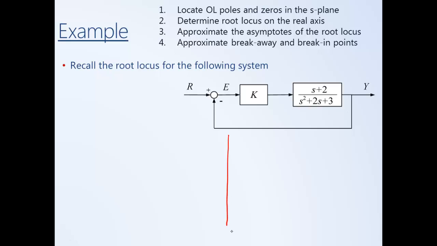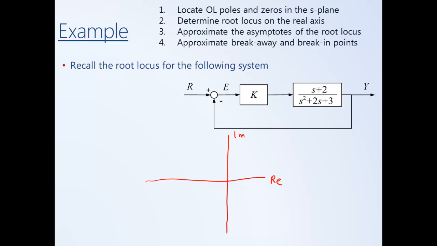We want to draw the root locus, which is a graph of all the possible closed loop pole locations for values of k varied between 0 and infinity. And so the very first step is to locate the open loop poles and zeros in the S-plane.